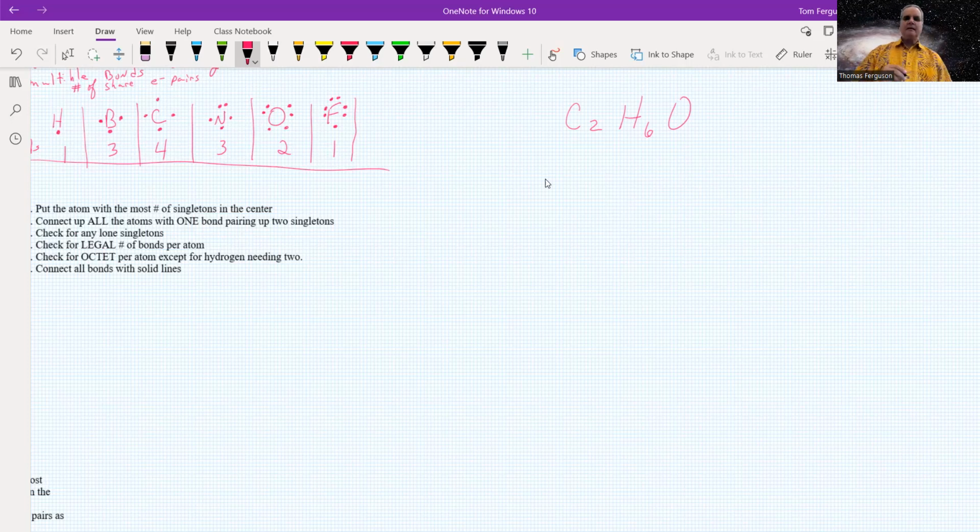Okay, C2H6O. Now this is going to have 2 legal structures. One's called drinking alcohol, ethanol, the other one's called dimethyl ether. Dimethyl ether used to be used as an anesthesia.